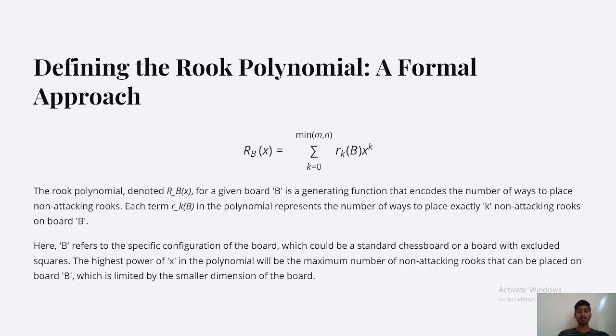The highest power of x in the polynomial is the maximum number of non-attacking rooks that can be placed on board B, which is limited by the smaller dimension of the board.